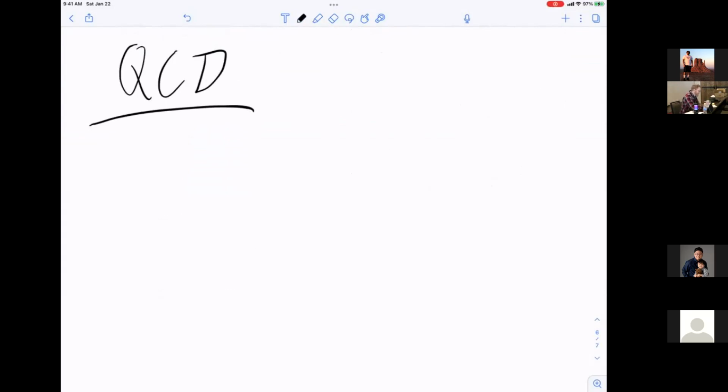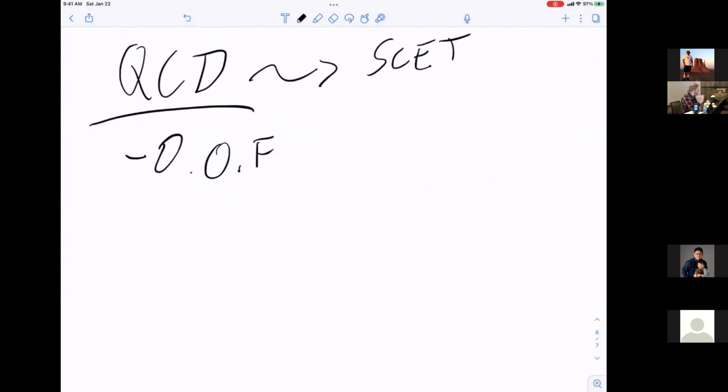So now in QCD, we're going to go through the exact same logic. In QCD, we're aiming for a particular EFT of QCD, which is soft collinear effective field theory. Note, when I write down the degrees of freedom and my symmetries, from these two alone, there's all sorts of effective field theories that I could write down.